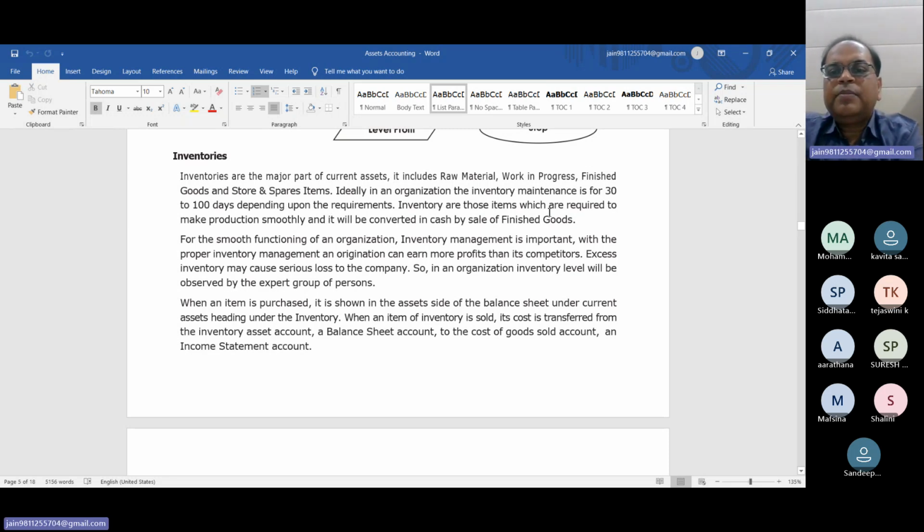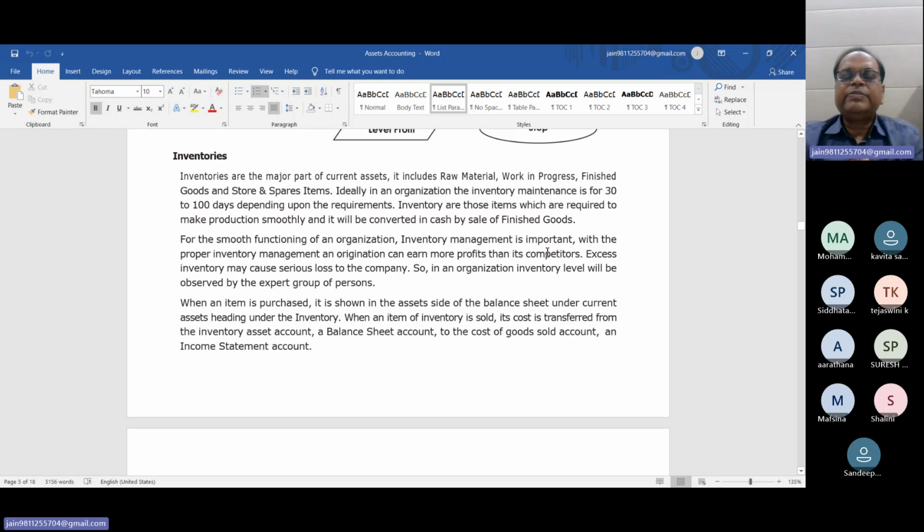Inventory items are those required to make production run smoothly, and they are converted into cash by the sale of finished goods. Clear? First we purchase the raw material, converted into WIP, WIP converted into finished goods, and now we sell the finished goods. For the smooth functioning of an organization, inventory management is important.